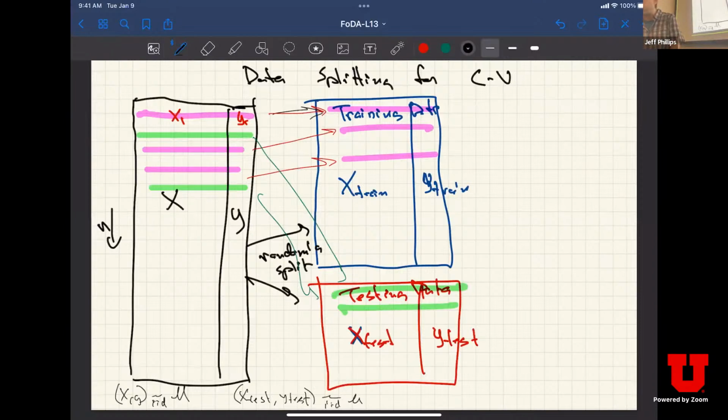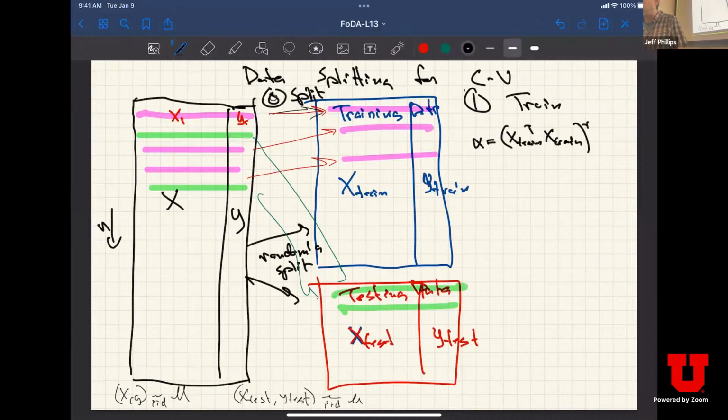Okay, so the first step, step 0, is to split. Step 1 is to train. And so I'll write concretely, the alpha we're going to get is going to be from the training data. So it's going to be X train transpose X train inverse X train transpose Y train, running out of room here.